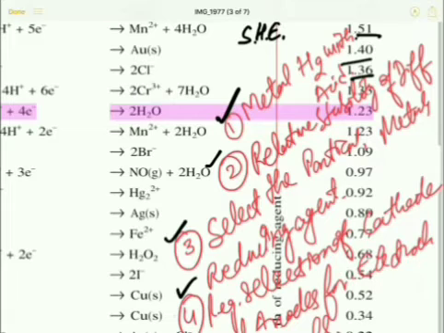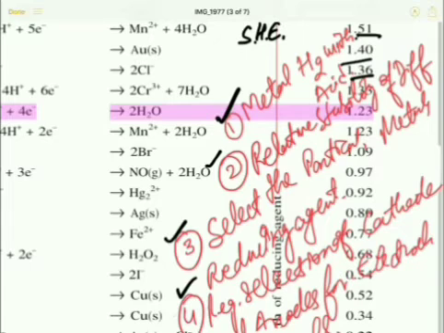So the main reaction involves only the hydrogen ion and the hydrogen gas. Sometimes hydrogen gas gets oxidized into hydrogen ion, and on the other hand sometimes the hydrogen ion gets reduced into hydrogen gas.